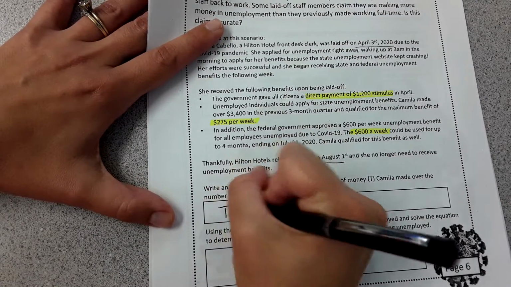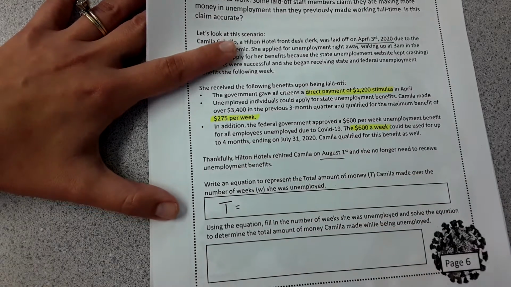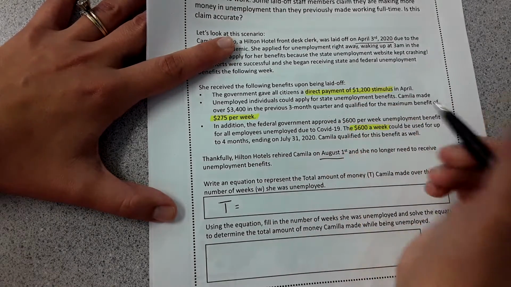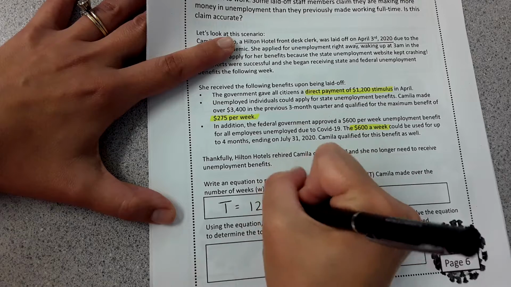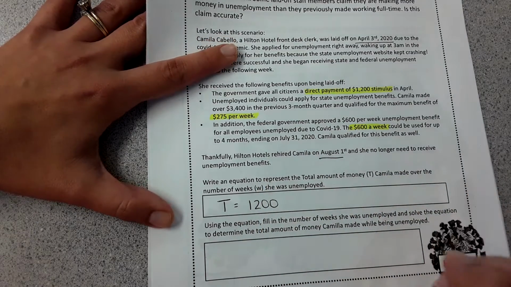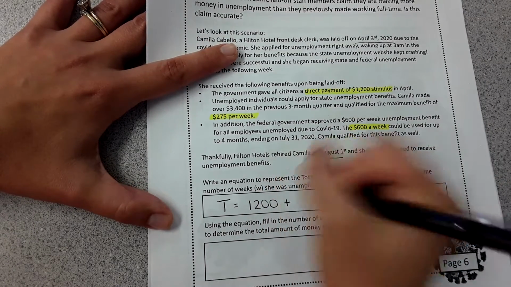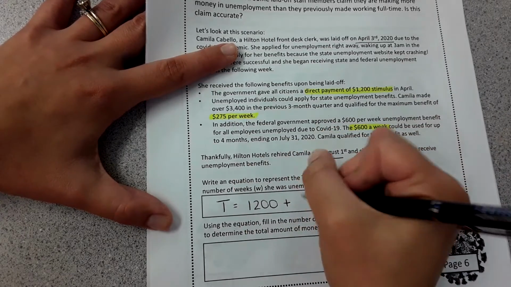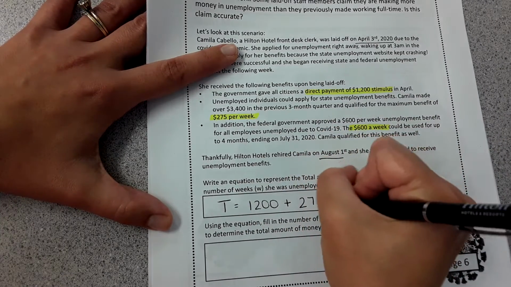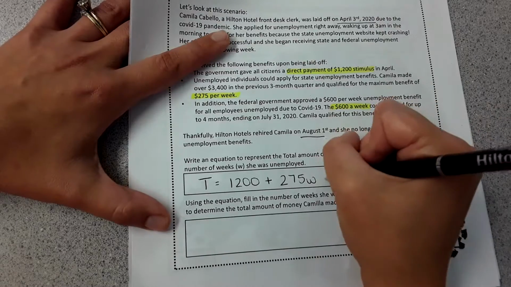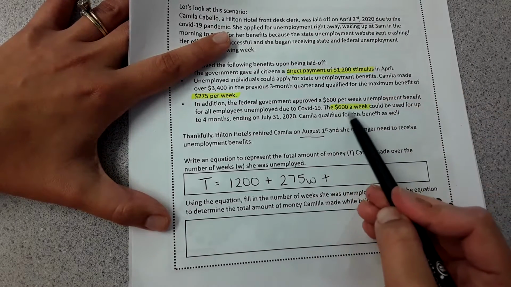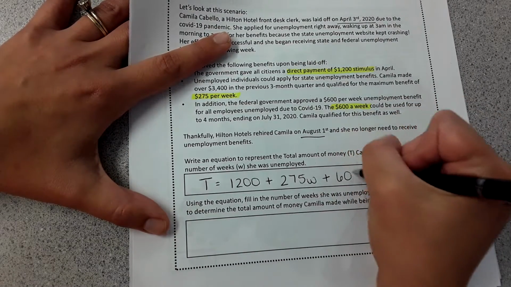We're going to write an equation for how much she made, so the total equals, it says here in April she received the $1,200 stimulus payment from the federal government. Then she applied for state unemployment and was earning $275 a week. And then she also made sure she applied for the federal unemployment at $600 a week.